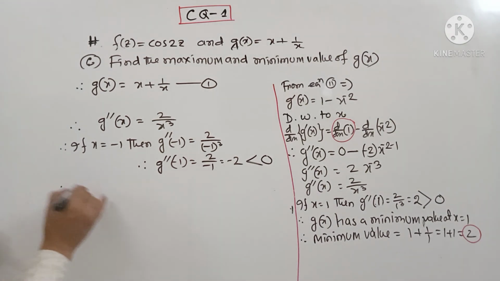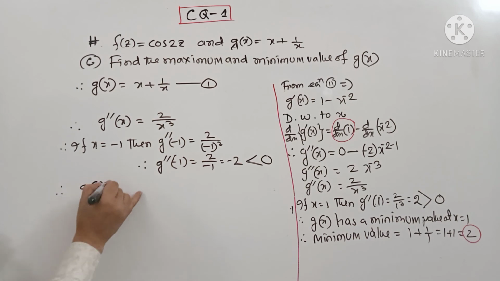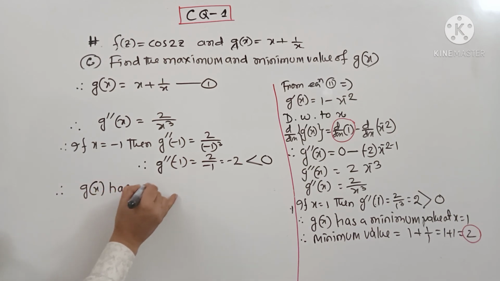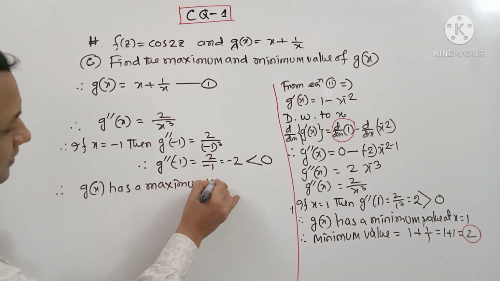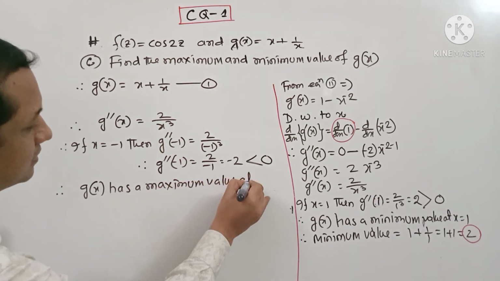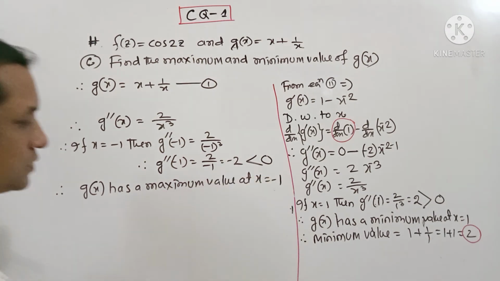So g of x has a maximum value at x equals minus 1.